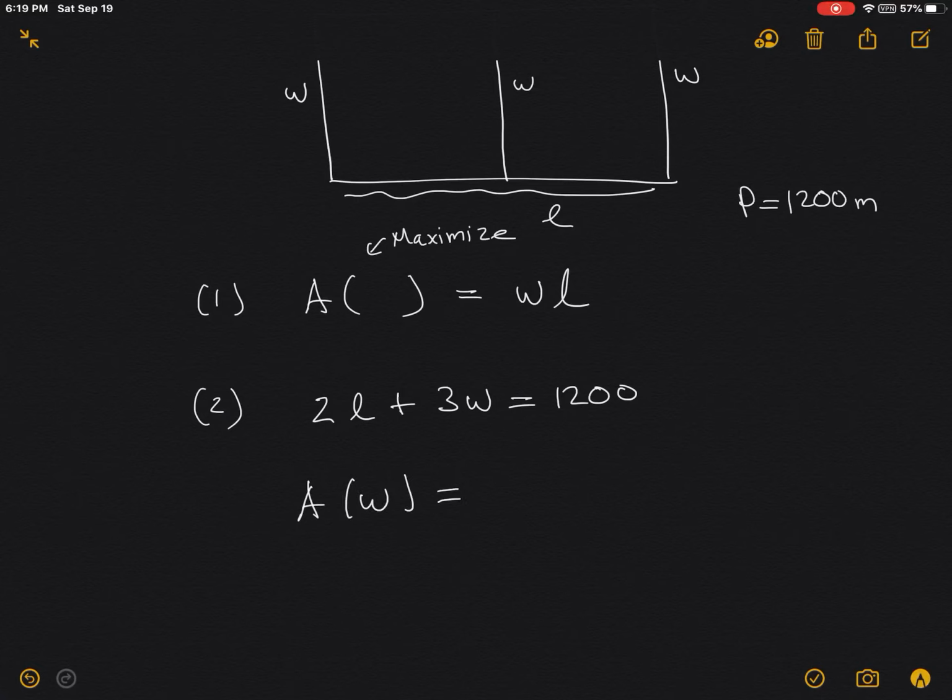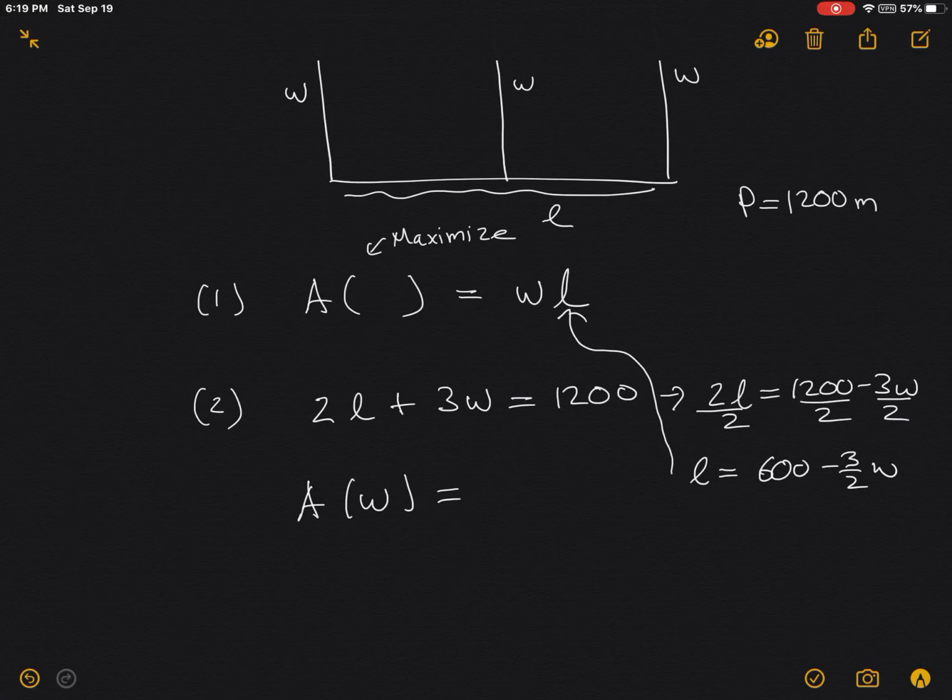So if I want to put it as a function of W, I need to get this equation with L by itself. Okay, so let's do that. 2L is equal to 1,200 minus 3W. Divide both sides by 2. You're going to get L is equal to 600 minus 3 over 2 W. And then you substitute.